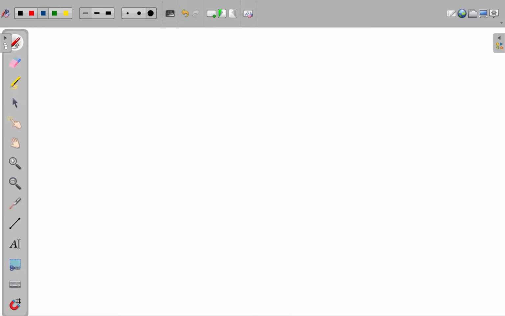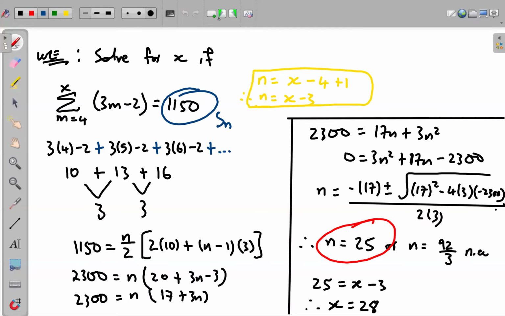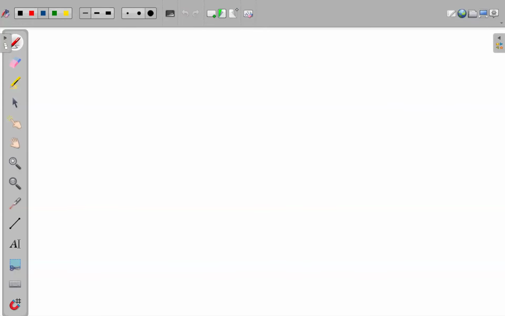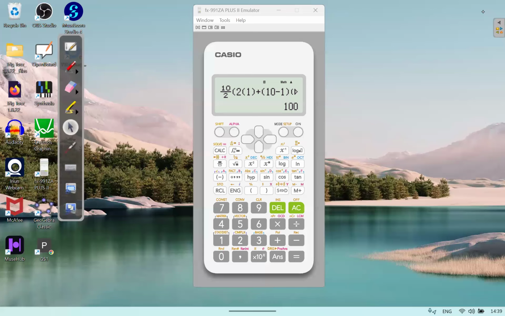So now that you know how to evaluate a series given sigma notation, the reverse would be... Don't worry about the calculator. Kimi, don't worry much about the calculator. As I said, not everyone has the silver calculator.